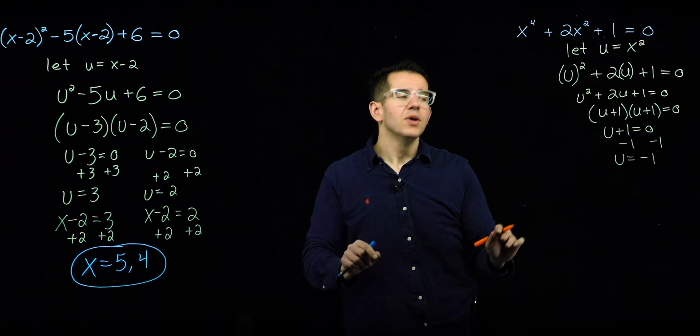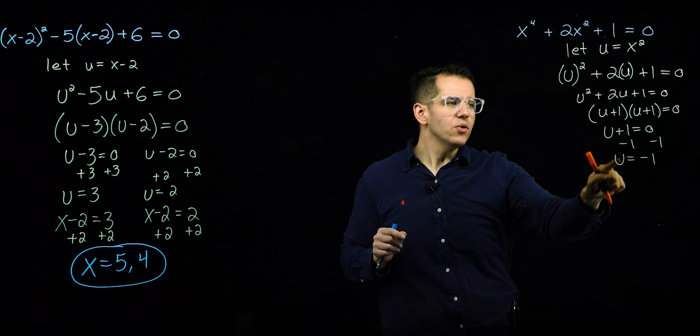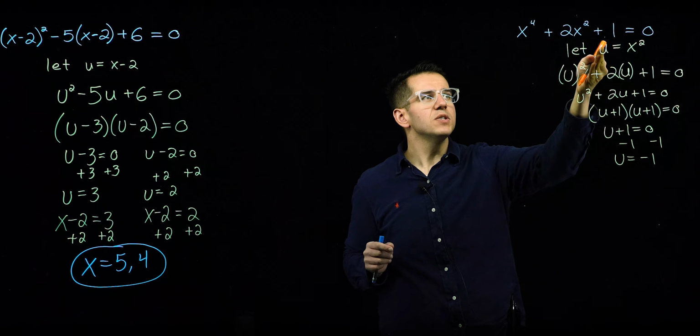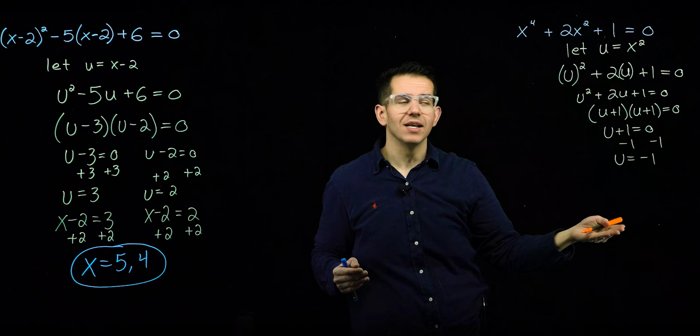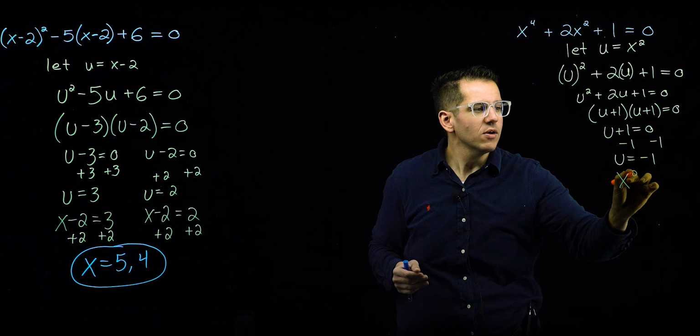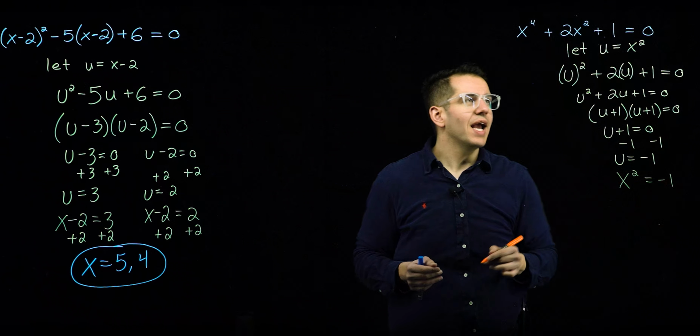But remember, we did not want to solve for u at the beginning. We wanted to solve for x. So we substitute u's value back in at this point, now that u is solved for, to get x squared equals negative 1.